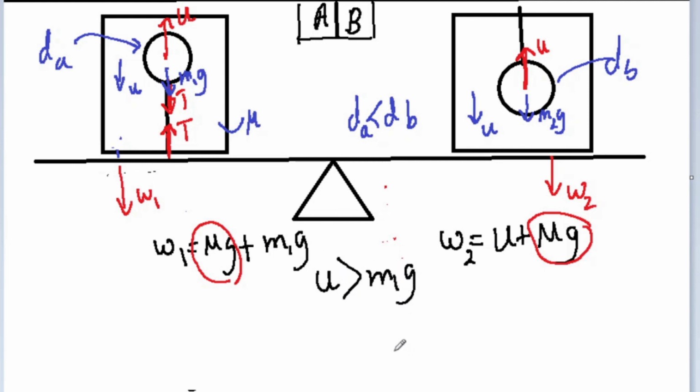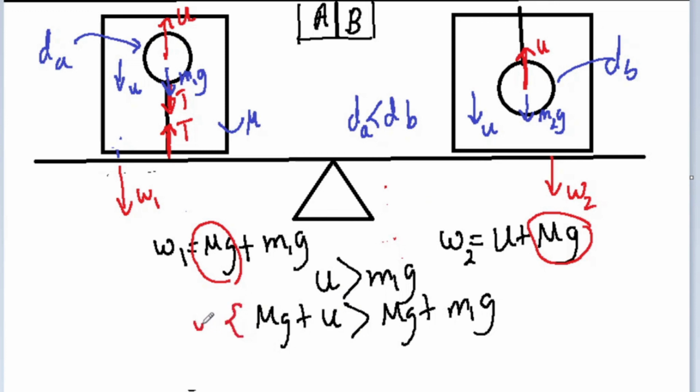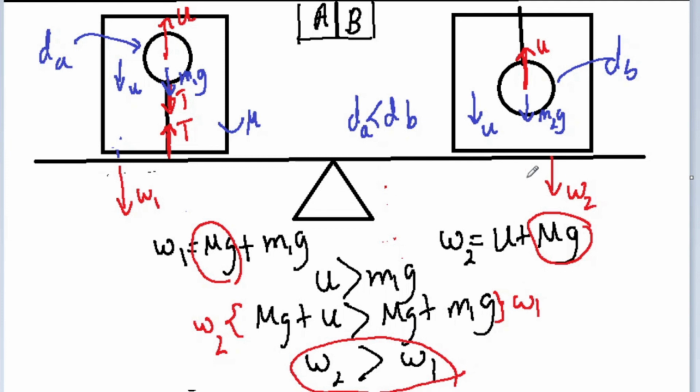And by adding capital Mg to both sides, you can see that this quantity here is W2 and this is W1. And so we can replace these with W2 and W1. So we have the result that we need. You see, now we know why this side tilts.